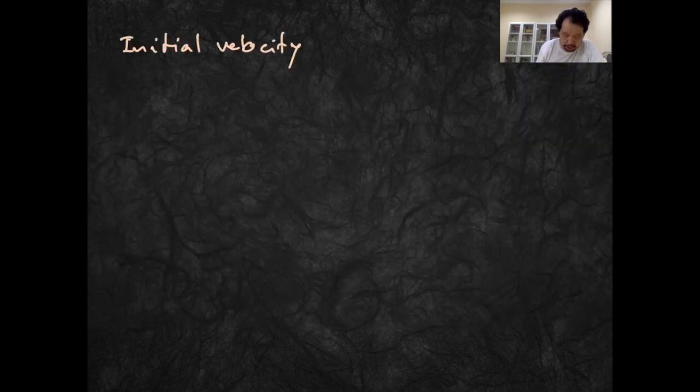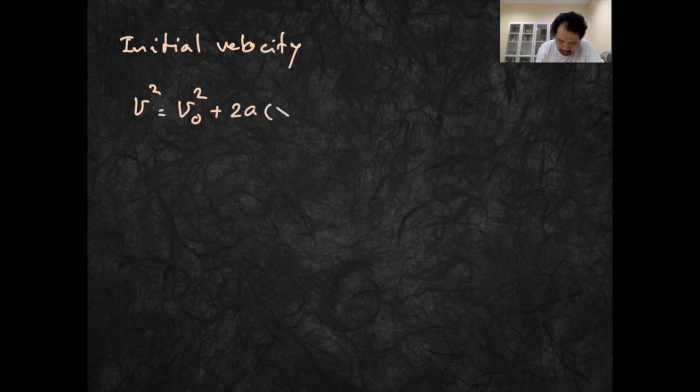Okay, so we assume that the acceleration is constant, so we can use the formula for motion under constant acceleration: v squared equals v0 squared plus 2a(x minus x0). Here we know that v0 is equal to 0, right?